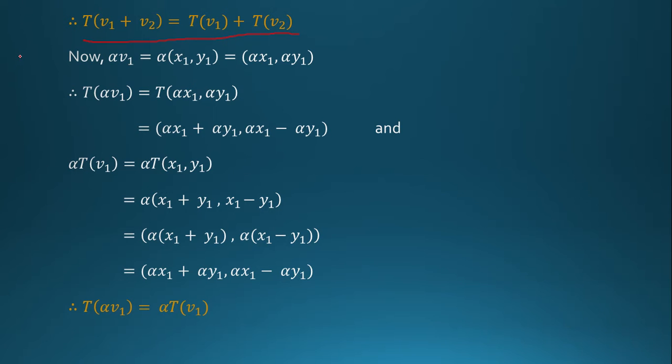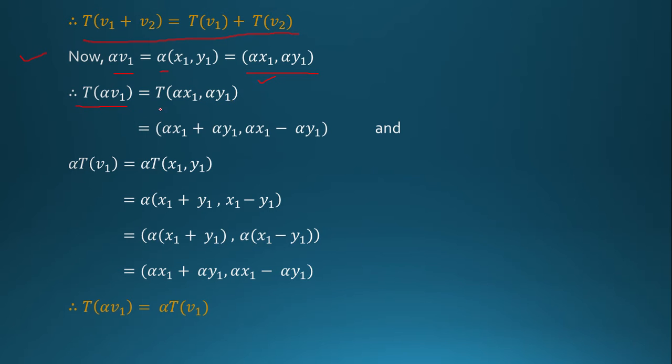Now we see the second property. Now alpha V1 is equal to alpha times V1, whose value is (x1, y1), which is equal to (alpha x1, alpha y1). Now applying the transformation, T of alpha V1 is equal to T of (alpha x1, alpha y1).